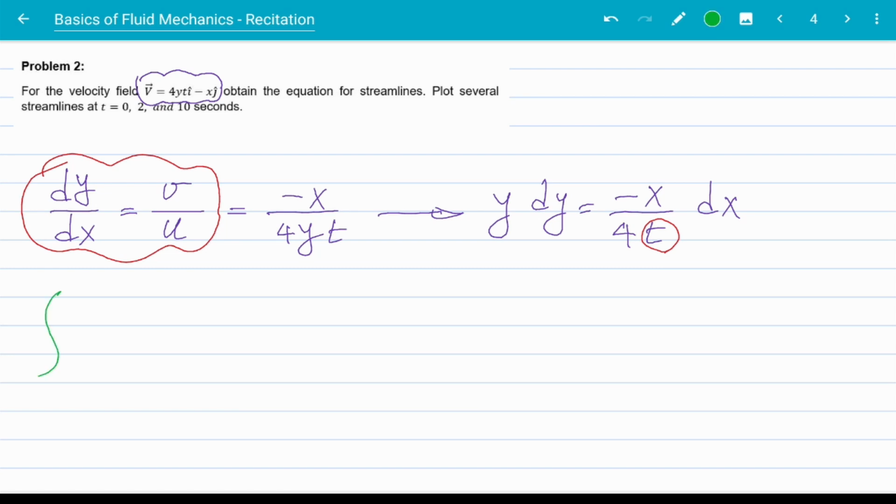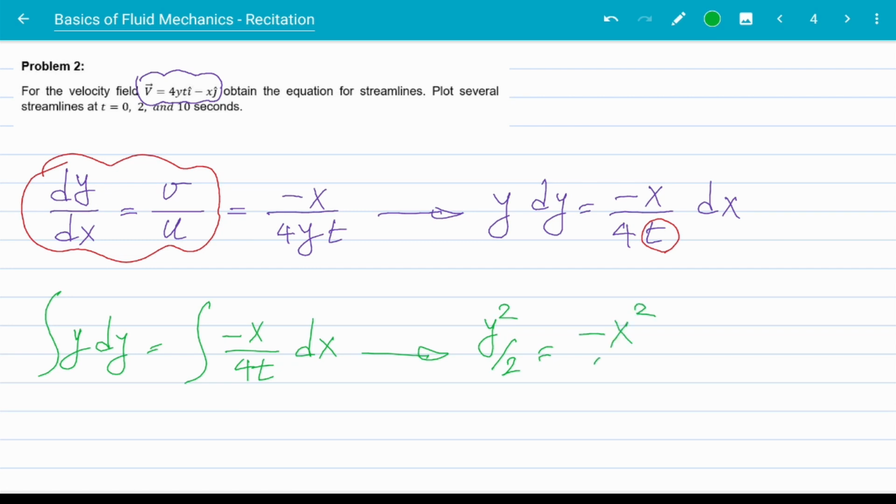I have integral of y dy is equal to integral of negative x over 4t dx. Left-hand side of this equation gives me y squared over 2. The right-hand side of this equation gives me negative x squared over 8t plus c, the integral constant here.